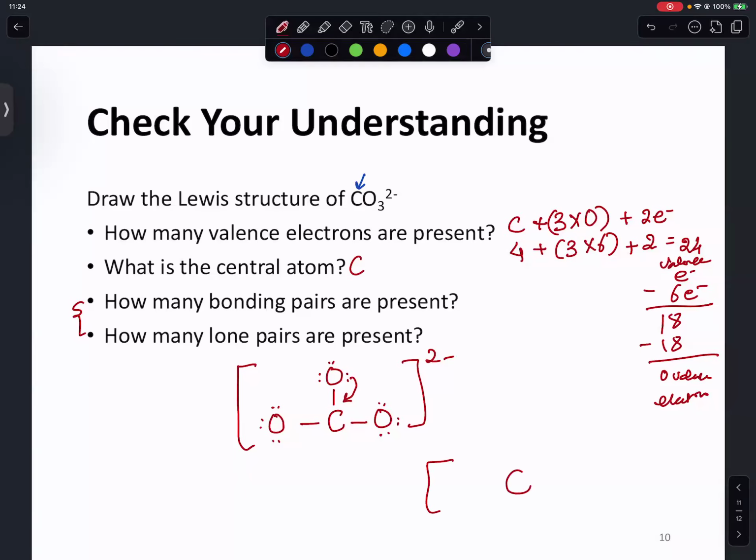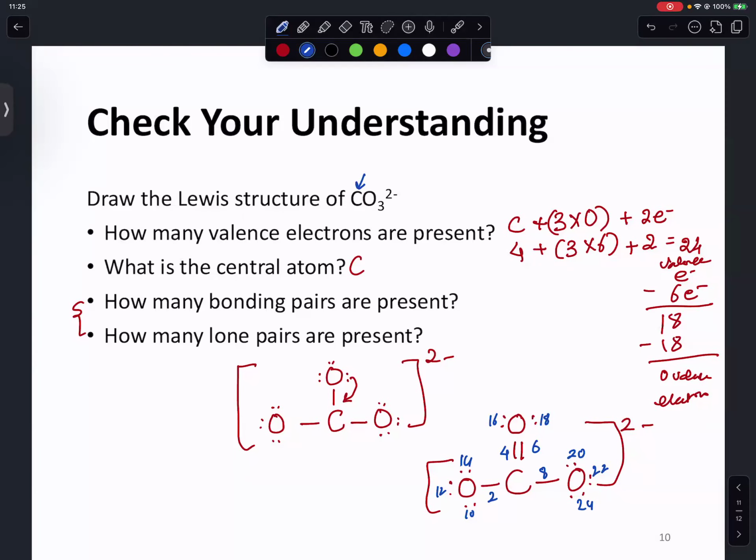Therefore, my new Lewis structure is going to look something like this. Okay. And now let's count our electrons and make sure that it's 24. So I have here 2, 4, 6, 8, 10, 12, 14, 16, 18, 20, 22, and then 24.